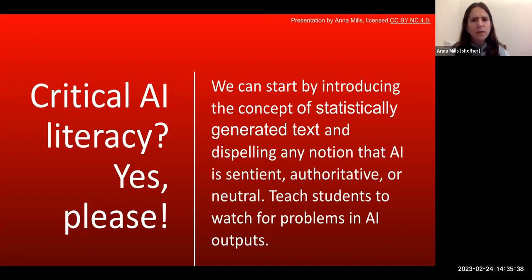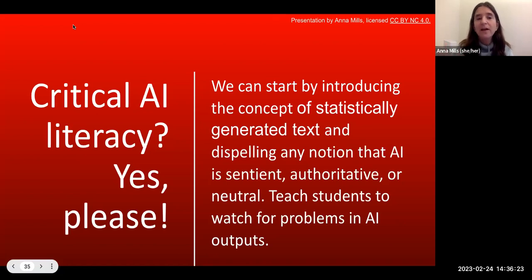But we can do a great service if, in the context of teaching digital literacy and clarifying our policies, we introduce students to the concept of statistically generated text and help them understand that it's not authoritative, that it doesn't know, that it's not neutral, and help them know what kinds of problems to watch out for as this technology becomes ubiquitous, not only in terms of generating text, but in terms of style suggestions and next word prediction, and the accessibility tools that Elle is going to speak about a little later.